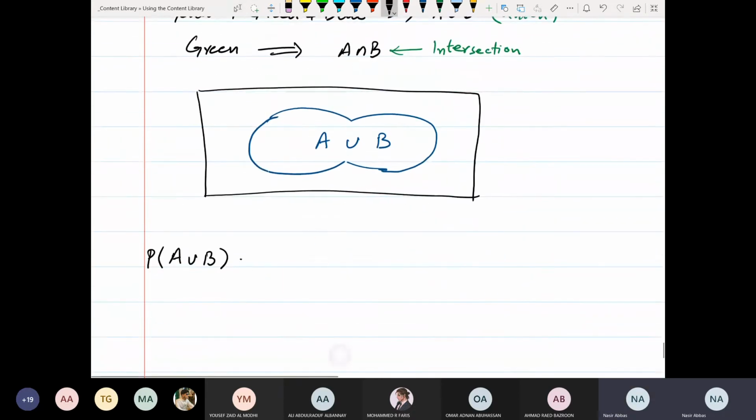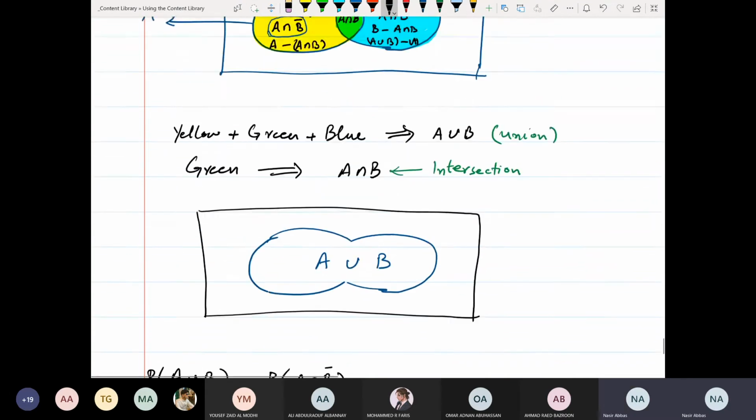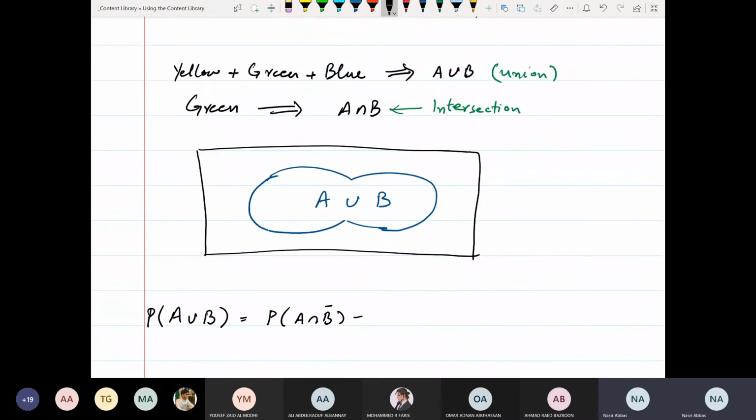That will be A intersection B complement, the first part we said, the only yellow part. The middle one is A intersection B. And the last one is A complement intersection B.